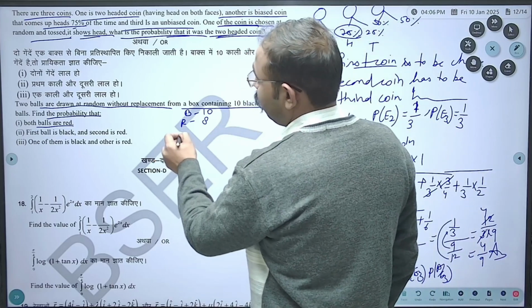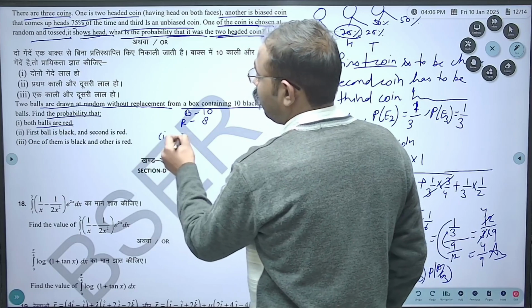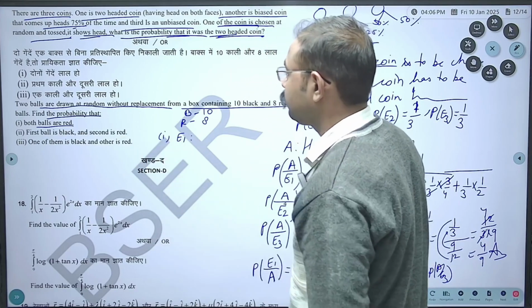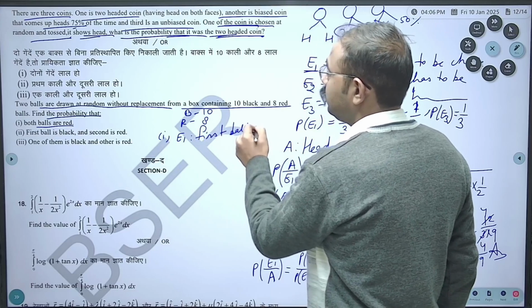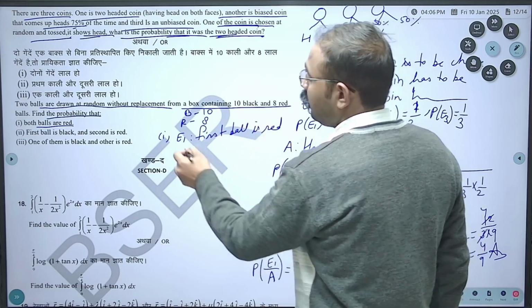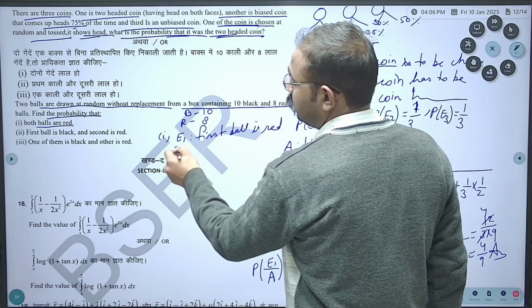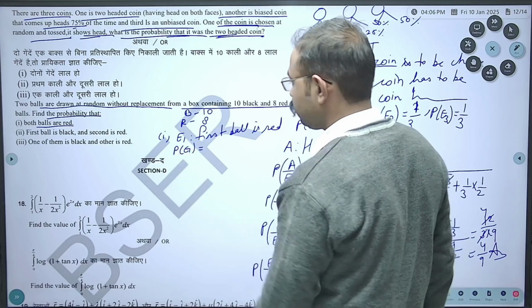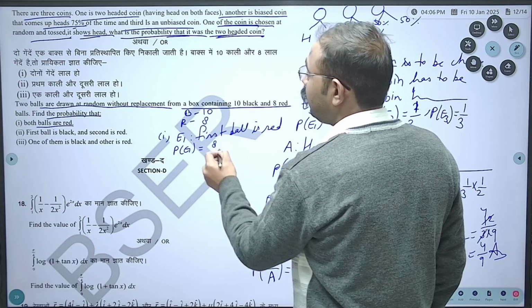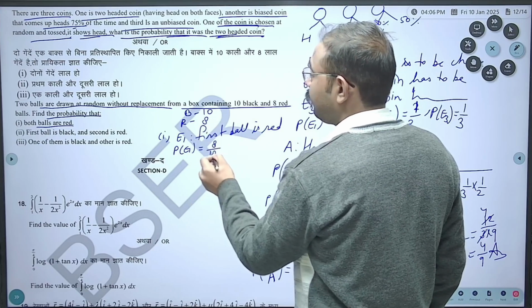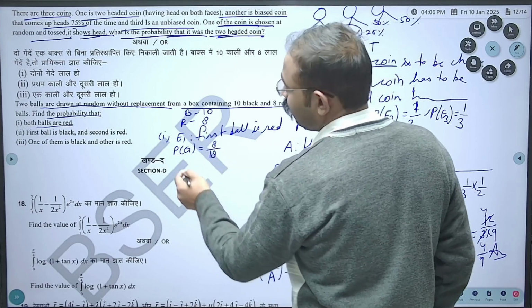So for the first part, let event E1 be the first ball is red, and its probability will be the probability of the first ball as red. Total red balls are 8 and total balls are 18, so 8 upon 18.